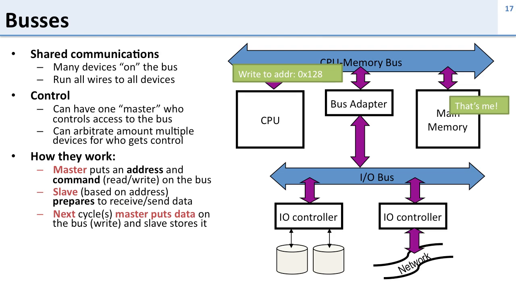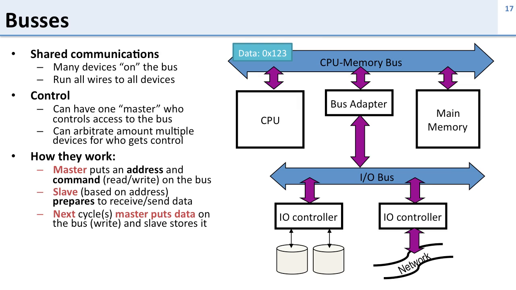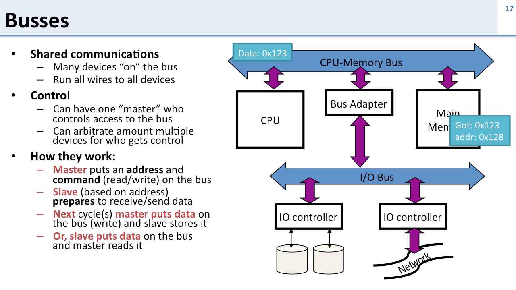The next cycles, the master is going to put data onto the bus, and the slave will store it. So here the CPU can put some data on the bus, and the main memory knows that it's expected to write the data, so it gets the data and knows which address to write it to. If we're doing a read, it would be the other way around, where the CPU would wait for data from the main memory.